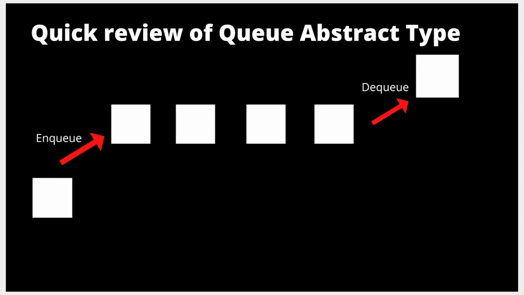You can also use a doubly linked list to implement a queue, and you can even use stacks to implement a queue abstract type. In my next video, I'm going to be showing you that, so please stay tuned for that.